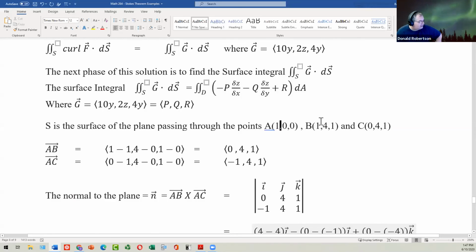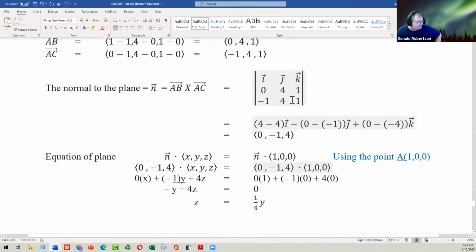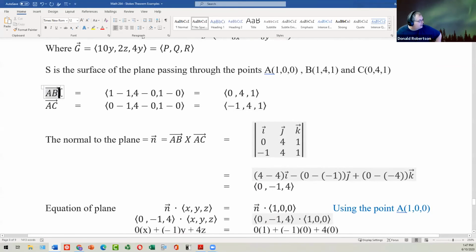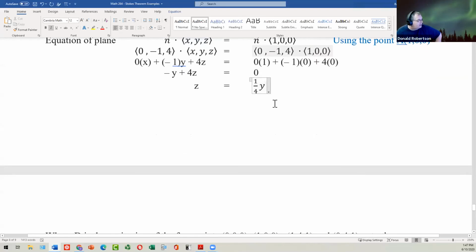So if you take these 3 points, this entire chunk of working is me just finding the equation of the plane. And what you do is you find A to B, A to C, you get the normal vector, you then use this version, and you get that answer.